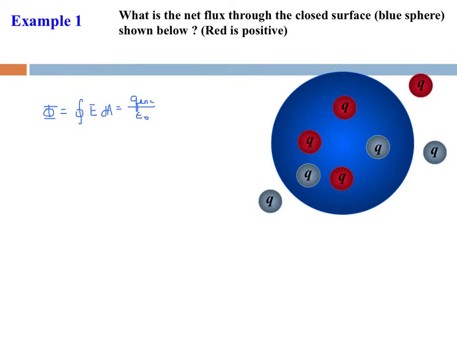Okay, this is our flux equation. Again, if we have 3 positive charges and 2 negative charges, then our net charge is a positive Q.